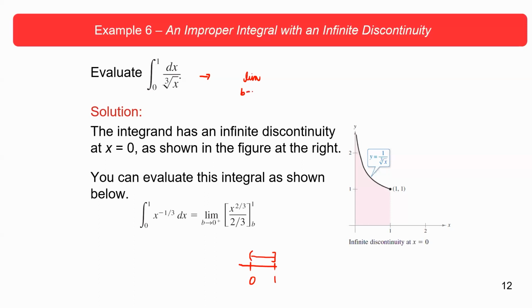What does B approaching 0 from the right mean? Look at the bottom: 0 is not included, but anything to the immediate right, a bit greater than 0, is included already. So that's all it is. It's easy.